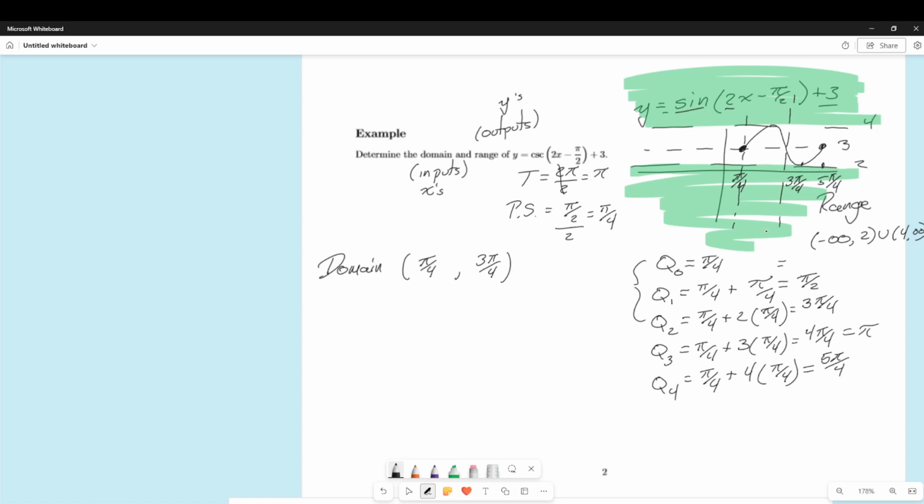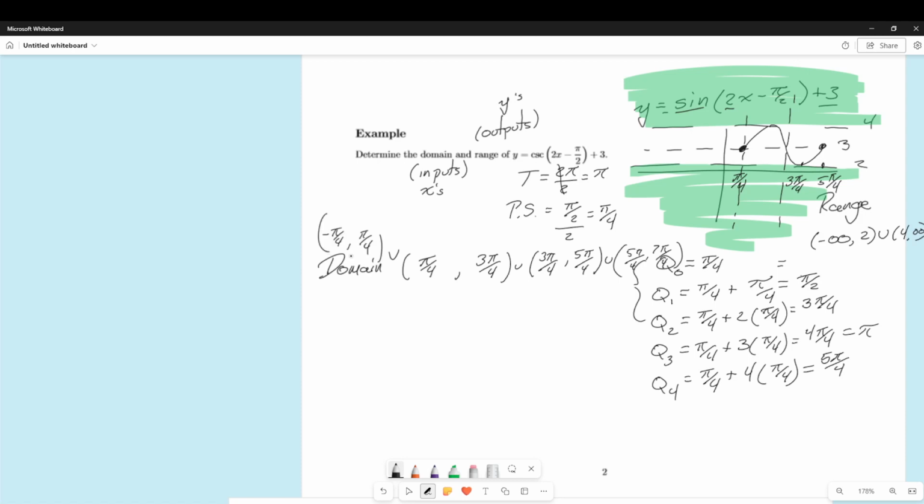And then there's going to be a hole in it, and then it's going to start over at 3 pi over 4 to the next one, 5 pi over 4, and then from 5 pi over 4 to 7 pi over 4, and we could keep writing that, and you can see the odd numbers that it's talking about. And of course it's going to go in the other direction as well, from pi over 4 to negative pi over 4.